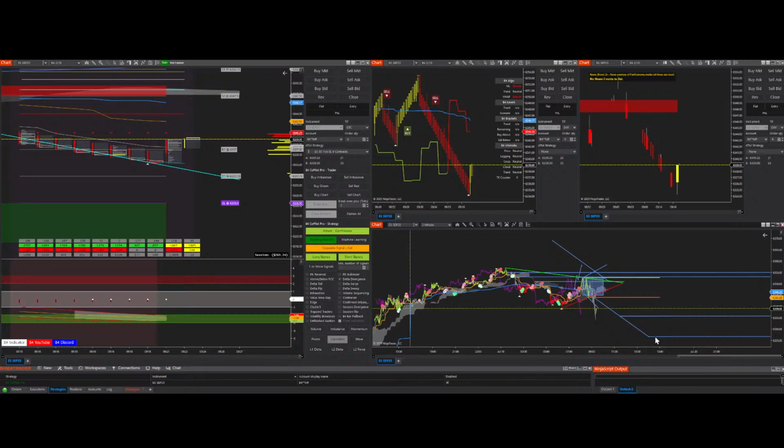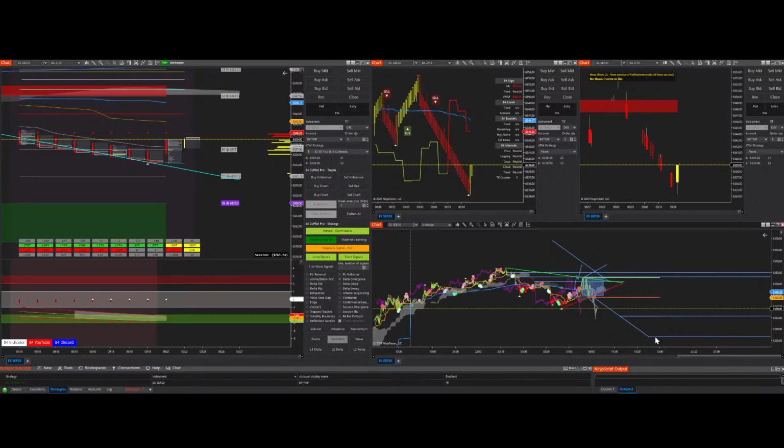I'm going to put it on buy green, sell red. We got some potential pullback here. Order filled.